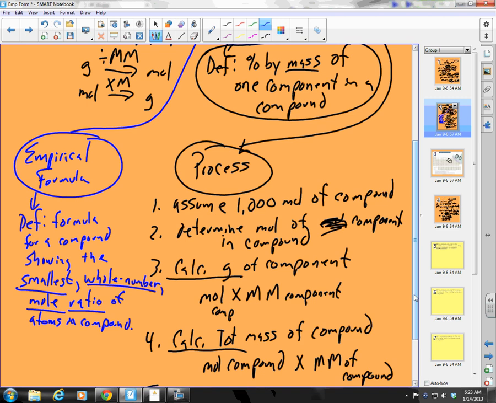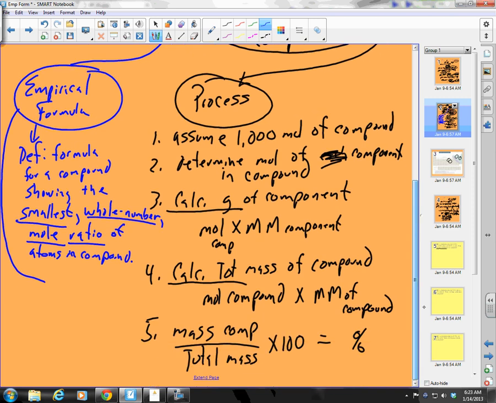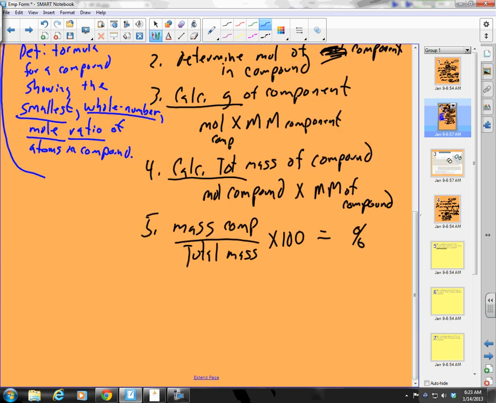From there, we can come up with a process. Let's figure out a process for solving an empirical formula question. Here's the way we're going to solve these. Number one, last time we assumed 1 mole.